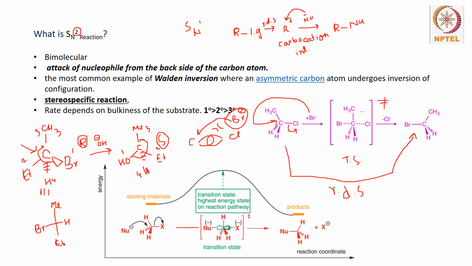But in case of SN2, there is no such formation of carbocation. So how does the reaction rate depend? See, in this case, the nucleophile directly attacks the carbon center. So the less bulky and less crowded the carbon center is, the more easily it can take the attack.